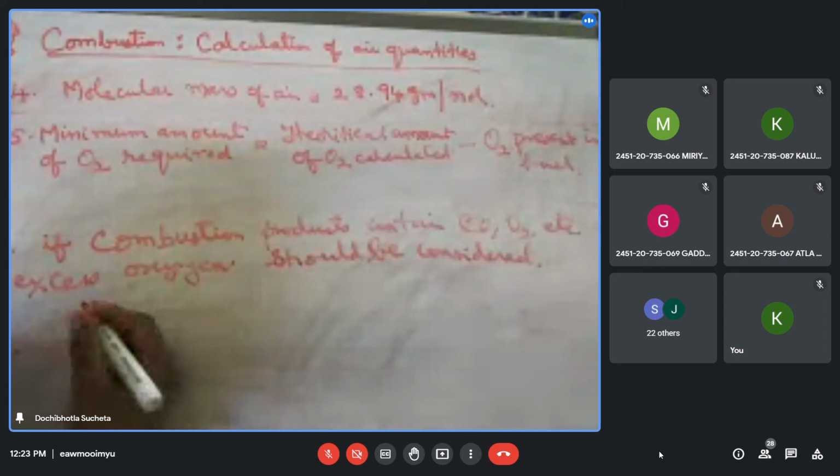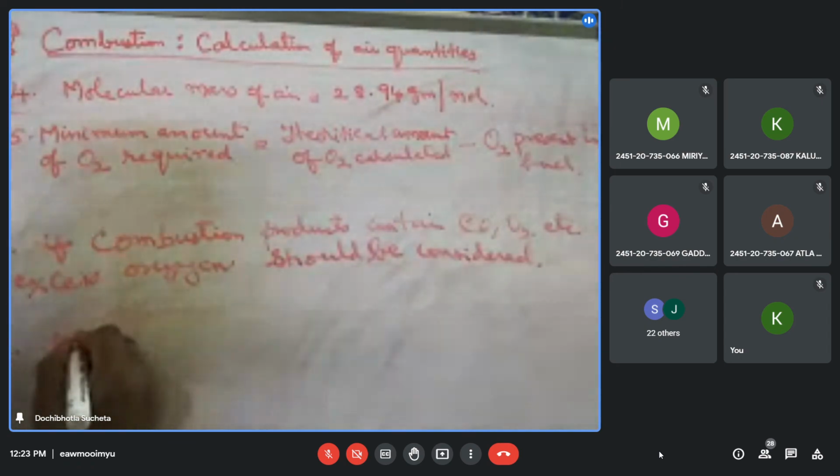Mass of the gas is calculated using the formula PV is equal to nRT.